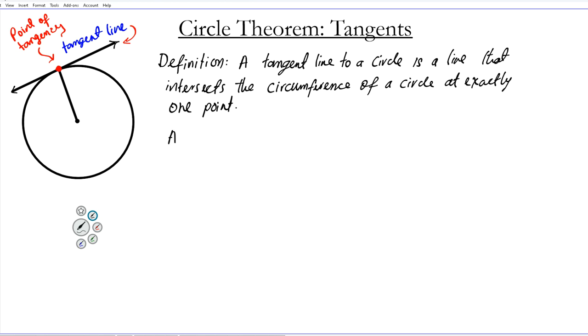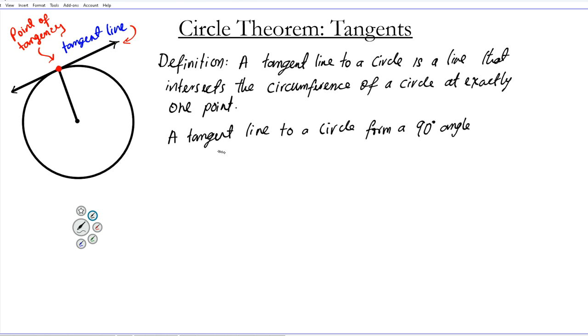A tangent line to a circle forms a 90-degree angle. So it's perpendicular with what?